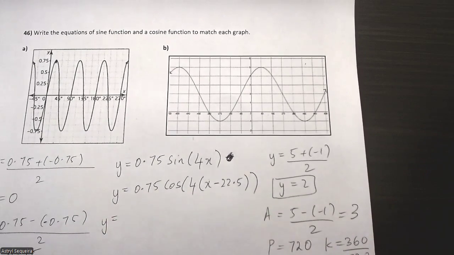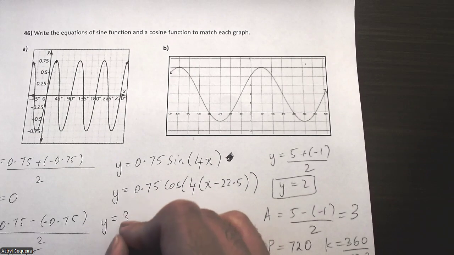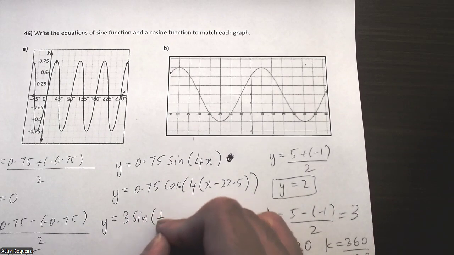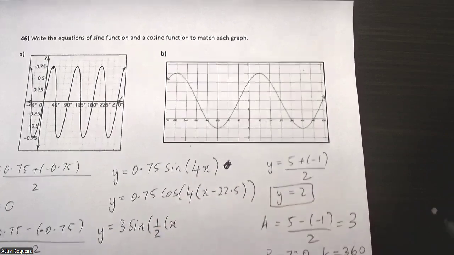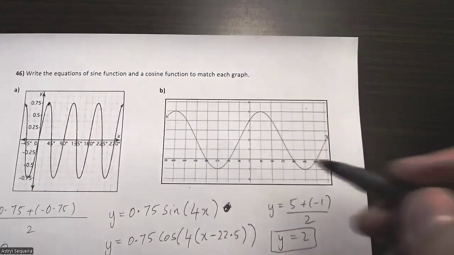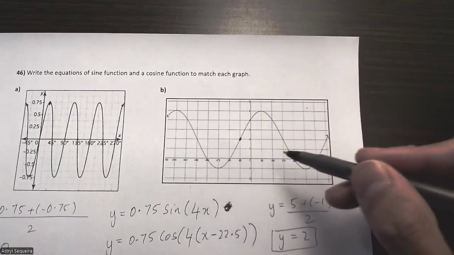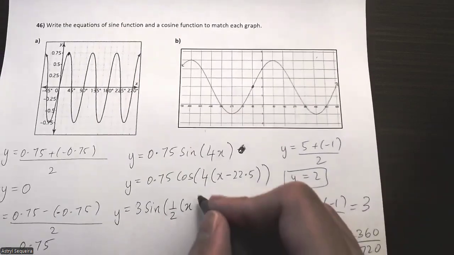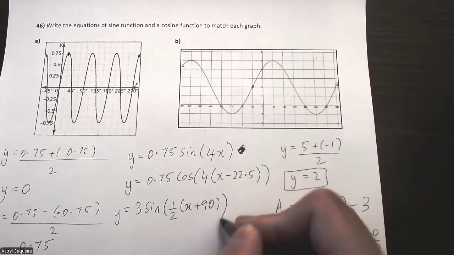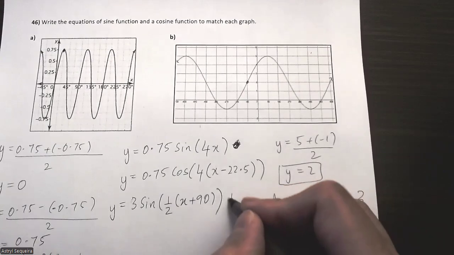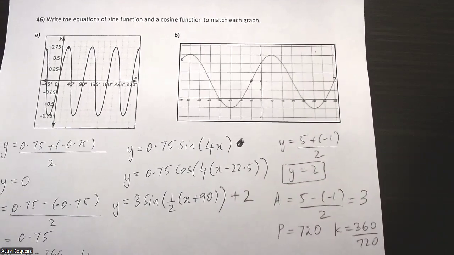Y equals, my amplitude is 3 sine, my K value is 1 over 2 x, and then a sine graph would start right here on the axis. So it's phase shifted 90 degrees to the left, so x plus 90.